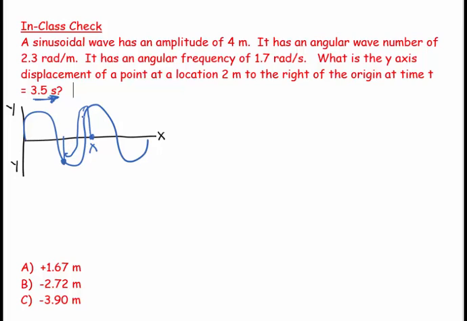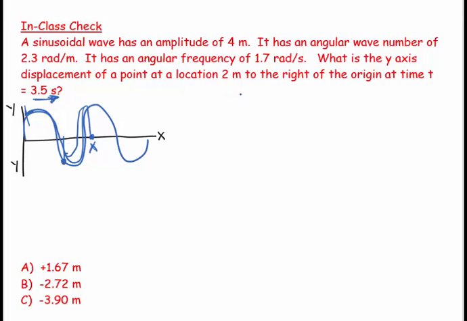So the further I go along the wave, the further I'm going ahead in time, because it's going to take longer and longer for this bit to eventually make it there. So if this is the y-axis displacement at time t equals 0, well, this is the y-axis displacement at time t equals 5 seconds.